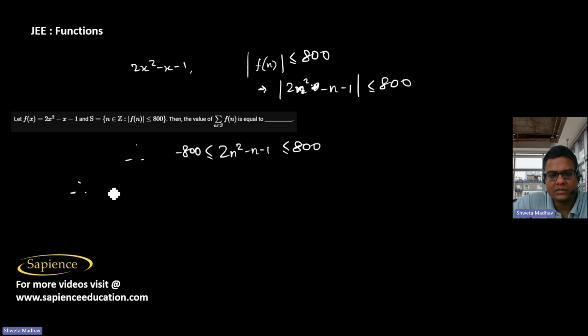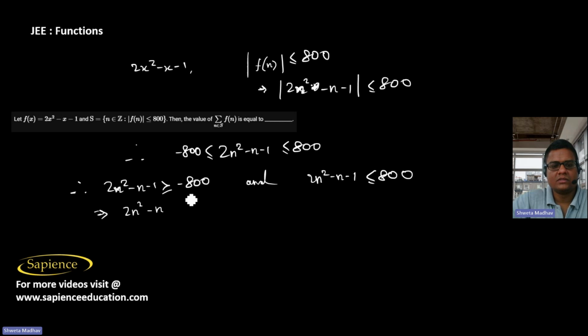So therefore we can take case 1, that is 2n square minus n minus 1 greater than or equal to minus 800, and also 2n square minus n minus 1 less than or equal to 800. So if we solve it, then we will get 2n square minus n plus 800 minus 1, so that is plus 799, greater than or equal to 0.